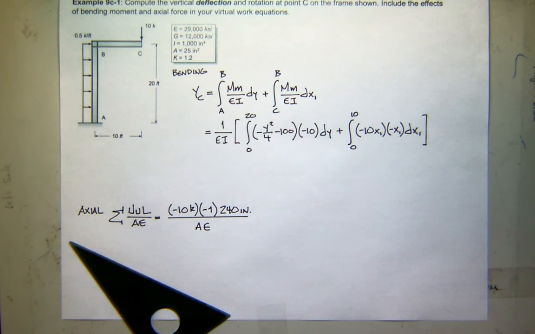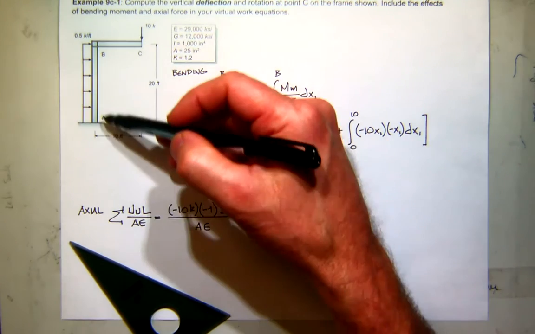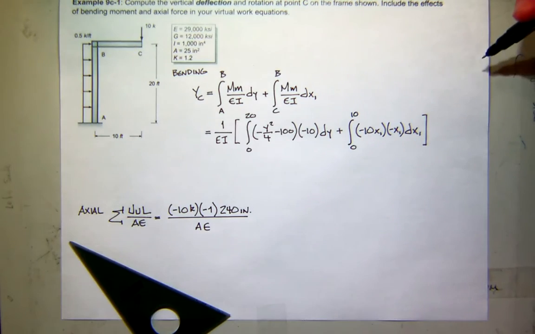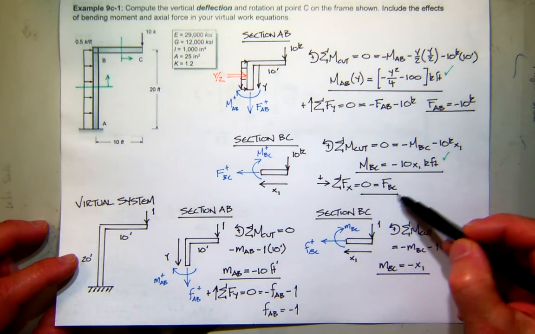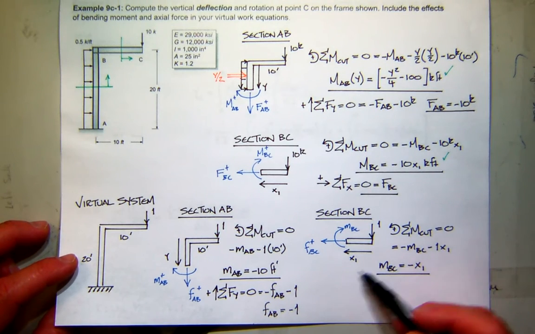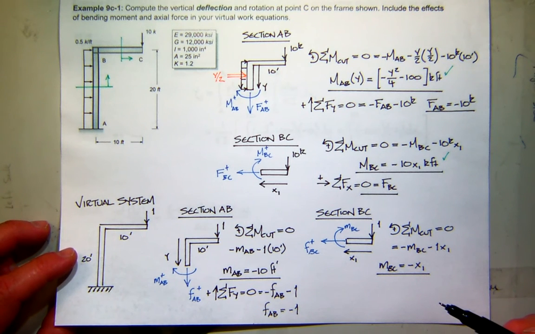So all the inches are going to work out. Now, this is the section for AB. What about BC? Well, if you look back at BC, the real force is 0, and same thing would happen here. The virtual force is 0. So there is no more contribution. That's it.